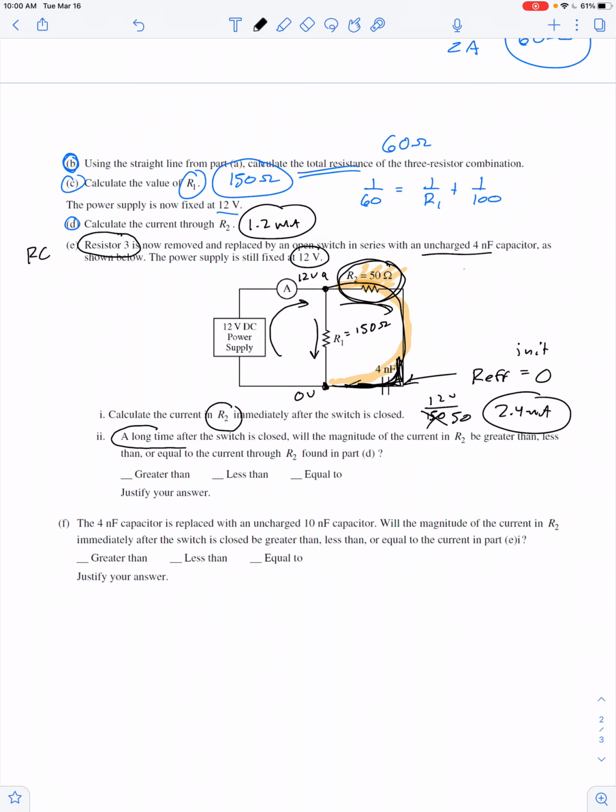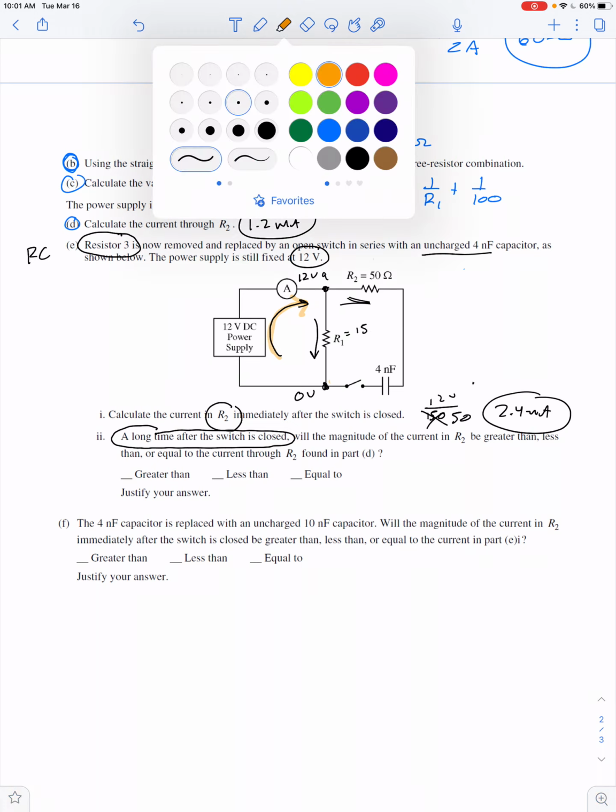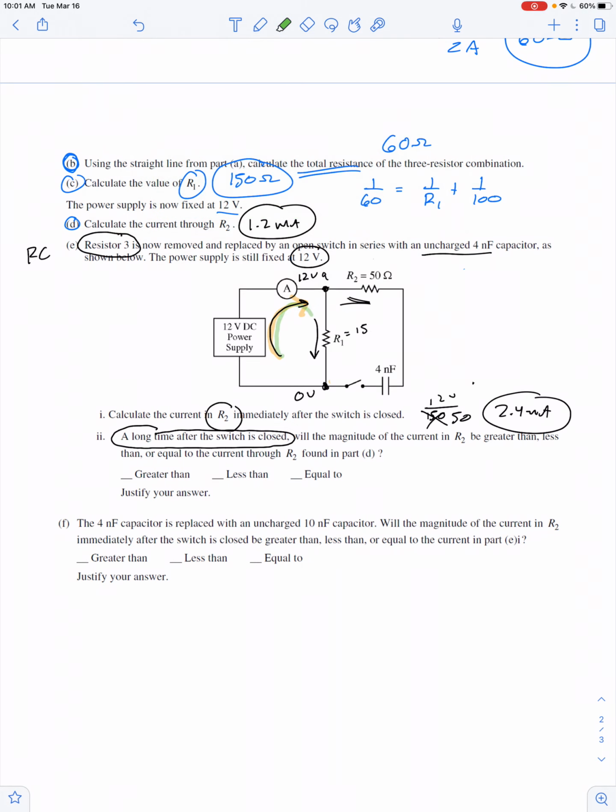Now, a long time after the switch is closed, meaning in the steady state, now we say this effective resistance is infinite, and whatever current is flowing into the junction at point A, well, now it no longer splits up. The current that flows through the battery and into junction A just all continues past the junction through resistor number 2, and current is only flowing in this loop on the left.